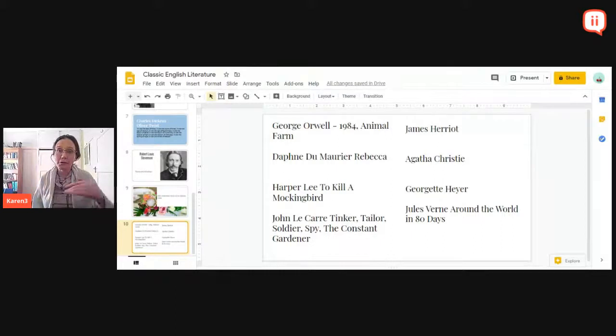He wrote before 1984 about how we were going to be watched all the time, how we were going to be controlled, both in 1984 and Animal Farm. Although in Animal Farm, he was criticizing communism, okay? But in both, it's about the control of normal people. If you haven't read it, I would recommend reading 1984 for now and Animal Farm.